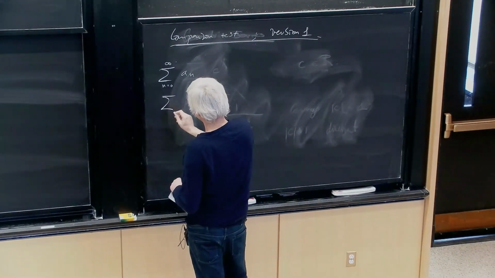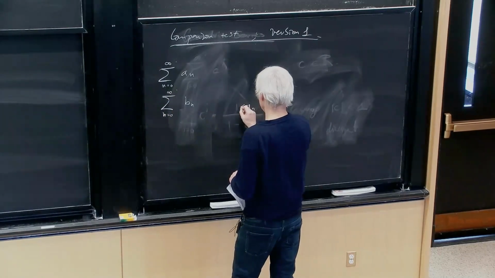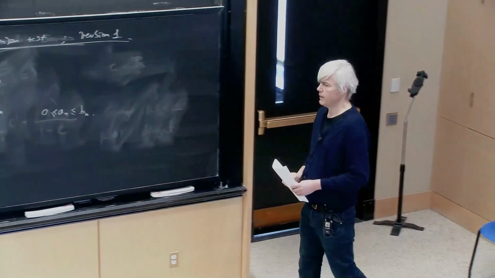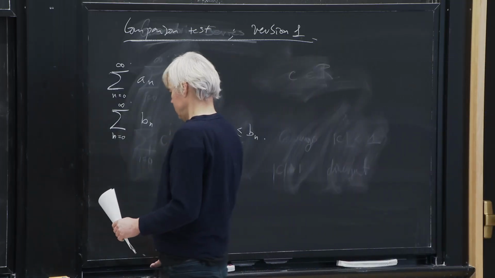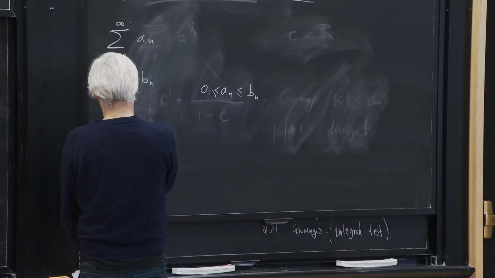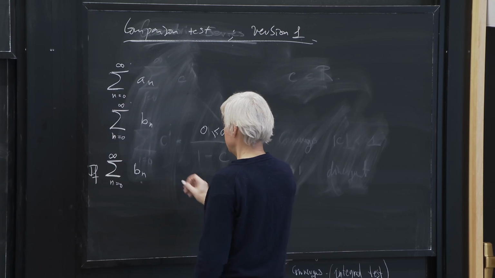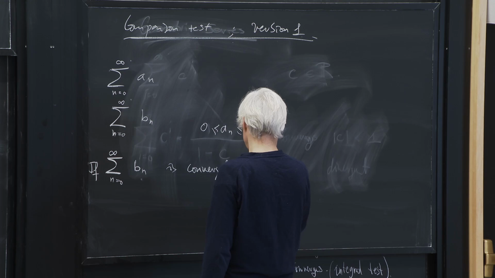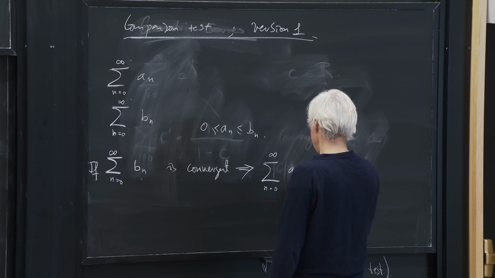I'm assuming that a_n and b_n are non-negative numbers, and in fact that b_n is larger or equal to a_n. Then the simple version of the comparison test is that if the series based on the b_n is convergent, then the series of the a_n's is also convergent.